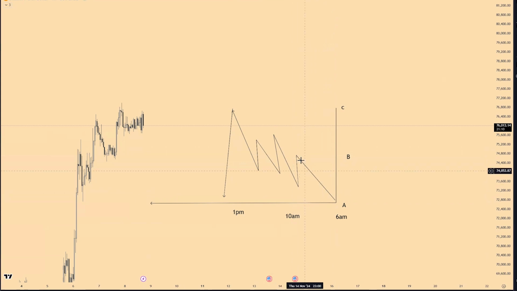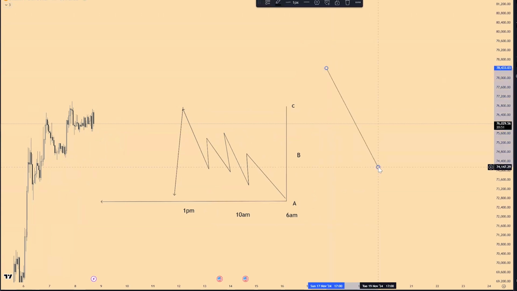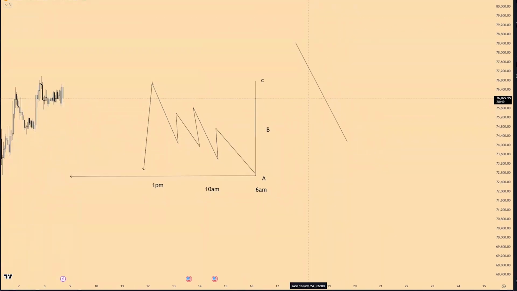When price expands, it's moving from a particular price to another price. It can either be a higher price or a lower price. So price can go this way, go down, or go up.